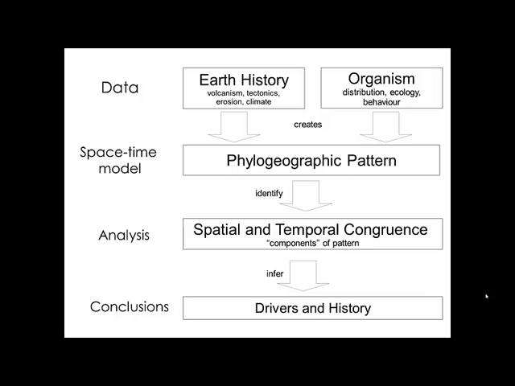We try and find spatial and temporal congruence between bits of the phylogeographic pattern and bits of the Earth history pattern. And then, once we've identified pattern, we try and infer the causes of that pattern, the drivers. Is this the result of volcanism? Is this the result of erosion? Once we've got the drivers, we can start recreating the history. That's the idea.